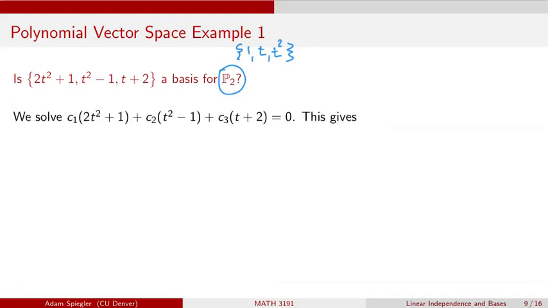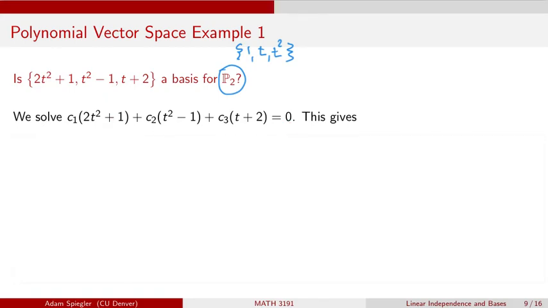They are going to be linearly independent as long as we look at this vector equation: weight c1 times vector v1, which is the quadratic 2t squared plus 1, plus some other weight c2 times v2, which is t squared minus 1, plus a third weight c3, which is a scalar, times our third vector, t plus 2. We want to know, is there some way that we can take a linear combination of these three vectors in the set and get the zero vector?